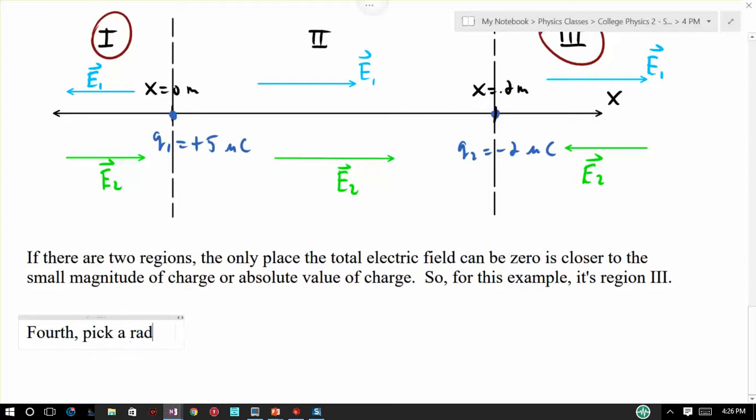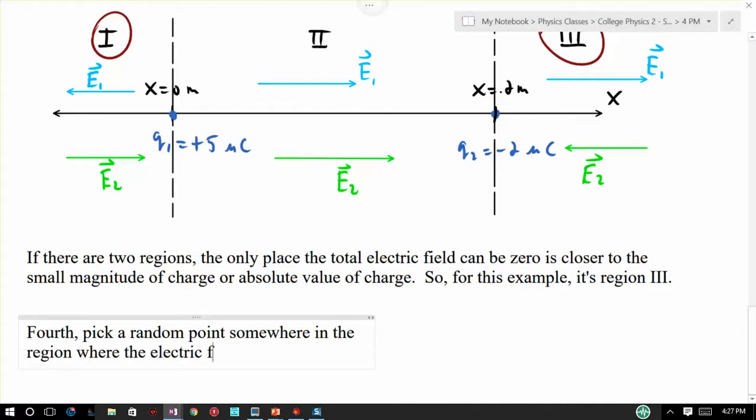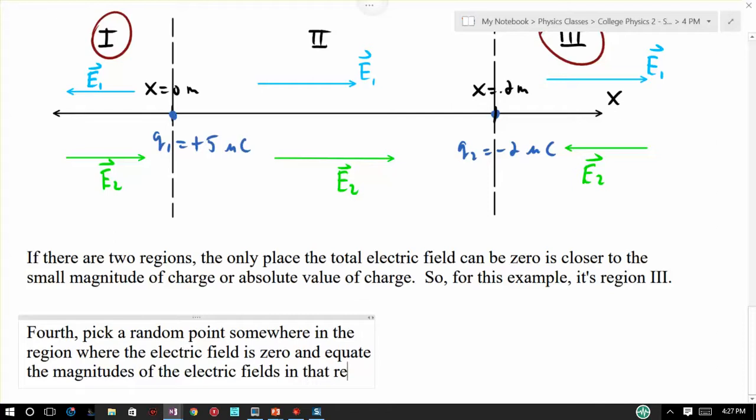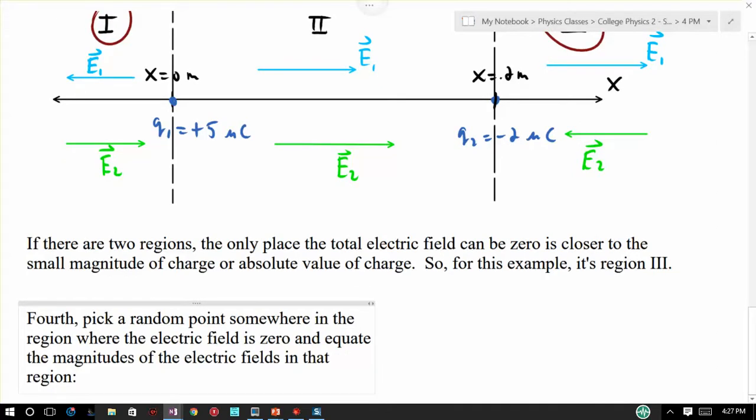Pick a random point somewhere in the region where the electric field is 0, and equate the magnitudes of electric fields in that region. So let me show you what I mean by that.